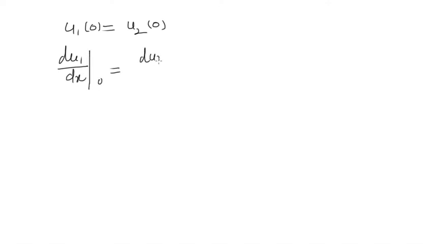What are my boundary conditions? u1 at x is equal to 0 is equal to u2 at x is equal to 0, and its derivatives du1/dx at x is equal to 0 is equal to du2/dx at x is equal to 0. So these are the wave function and the derivatives are continuous, and u1 at a is equal to u2 at −b. This is my wave functions are periodic.